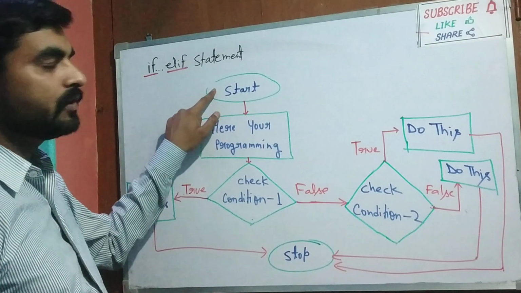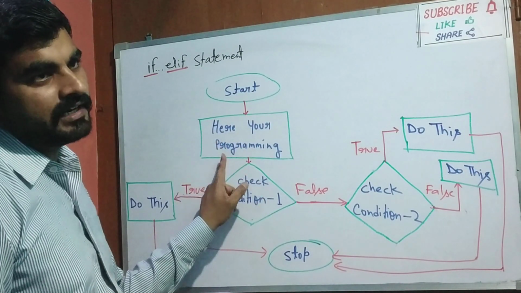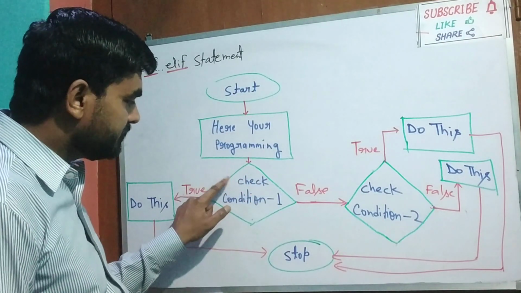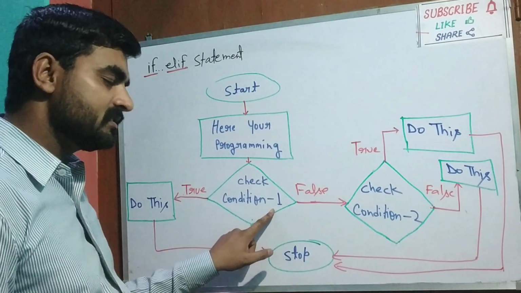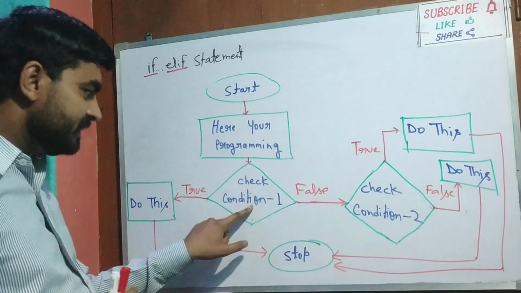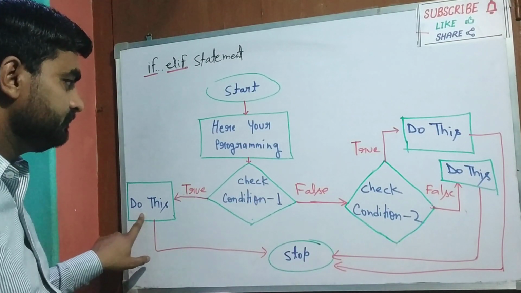Students, your program will start, then you write your normal programming. Suppose you are going to check a condition first. The condition may be true or false. If the condition is true, this code will perform.